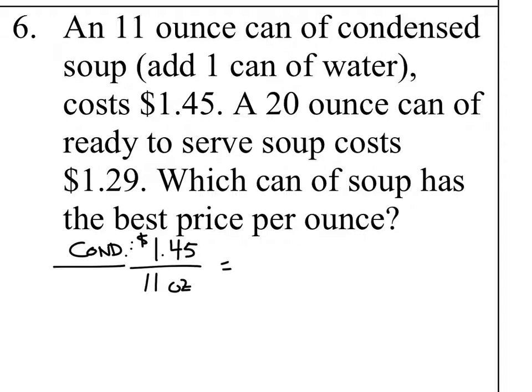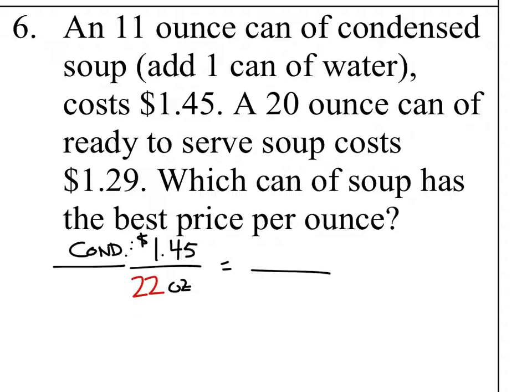So I guess they did have to put that, add 1 can of water, right? Yeah, because you have to add the water, which increases the amount of ounces, right? So how many ounces is it for $1.45?